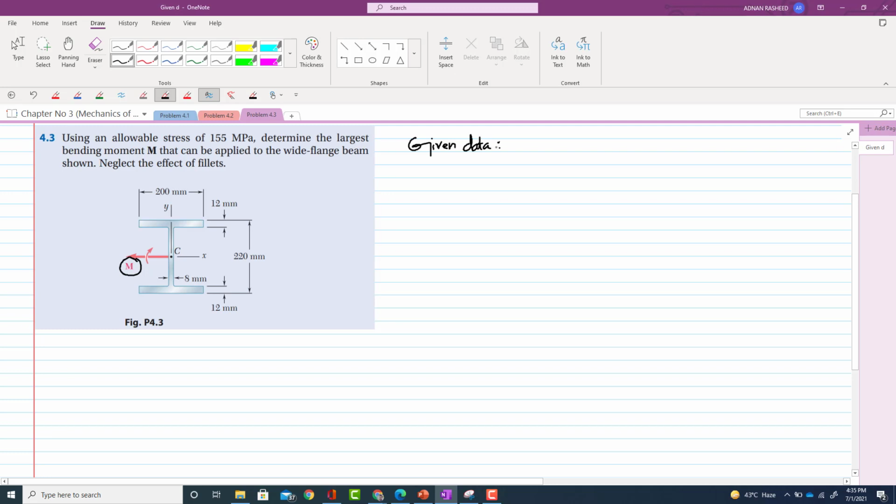In the given data you have been given the allowable stress. So sigma allowable is equal to 155 megapascal, which is equal to 155 into 10 raised to power 6 Pascal, and you have to find the largest bending moment.